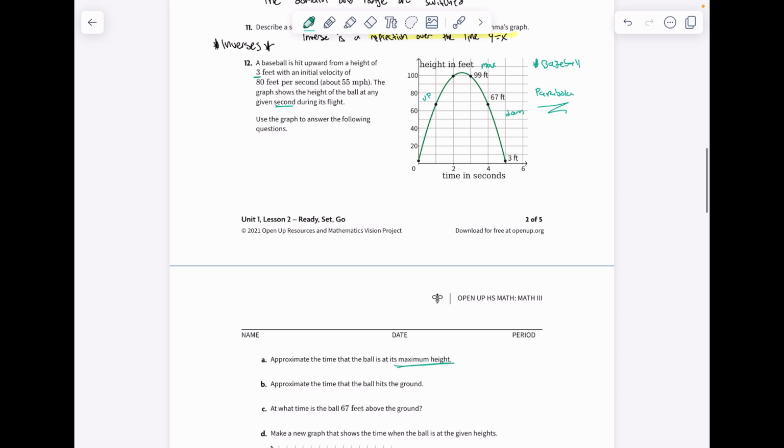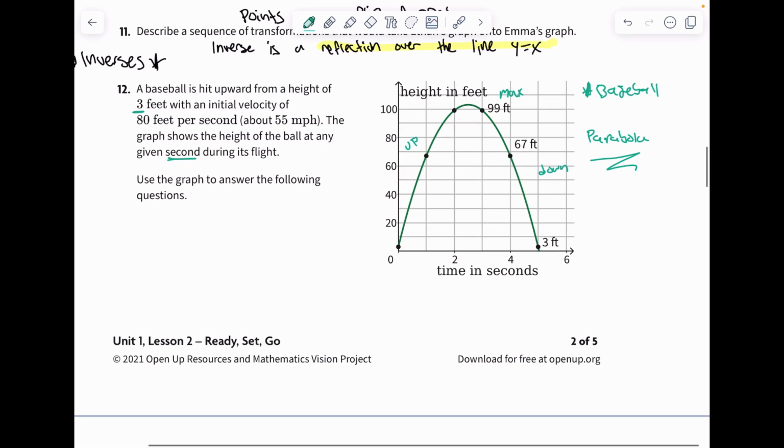Approximate the time that the ball is at a maximum height. The maximum height happens right above here. Let's pretend that it's perfect. Anyways, it's right here, and that is essentially the maximum height. They want us to approximate it in seconds, so I would say that's about 2.5 seconds.